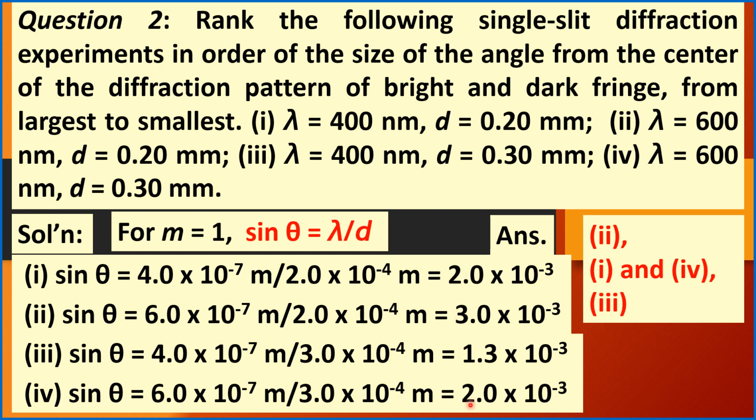So cases 1 and 4 are tied. Their corresponding angles, given those wavelengths and the width of the slit, will produce the same angles, and of course the smallest angle will be that of case number 3.